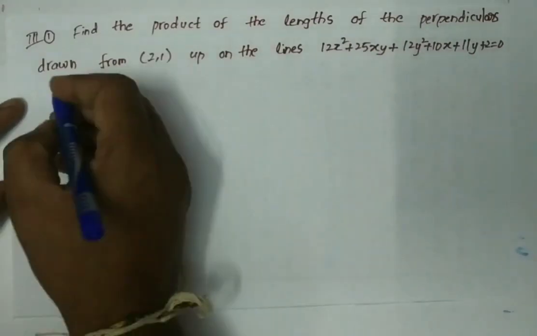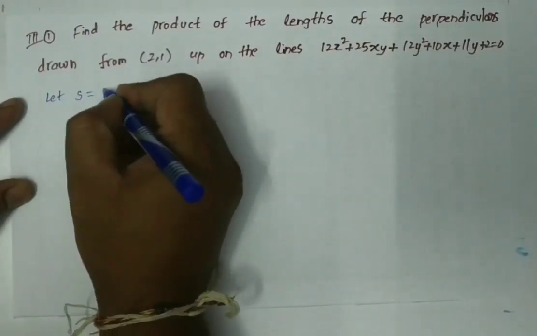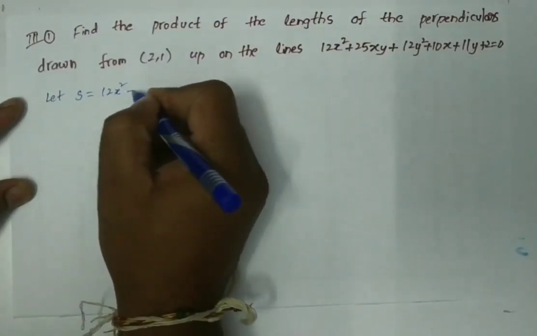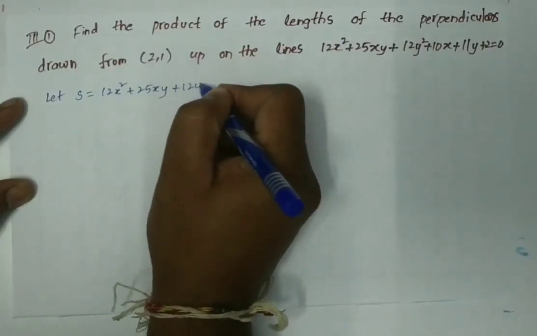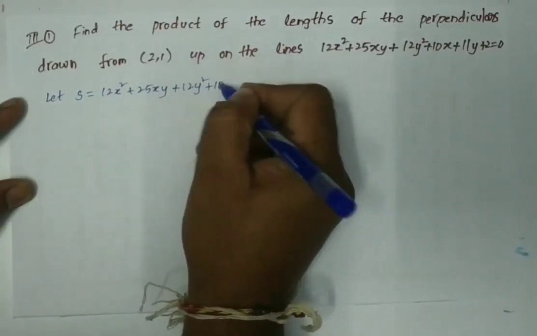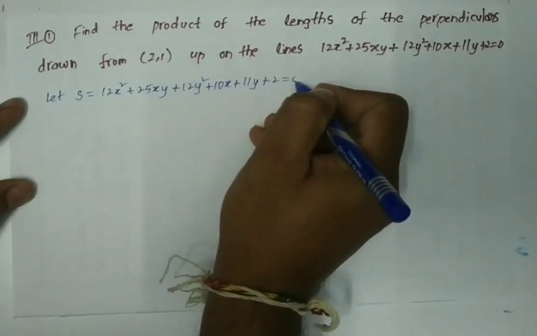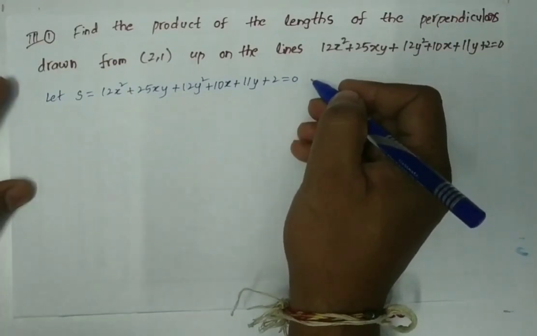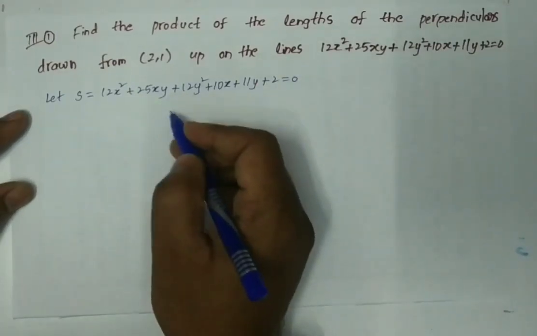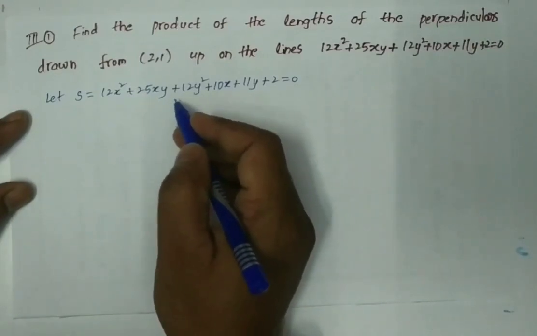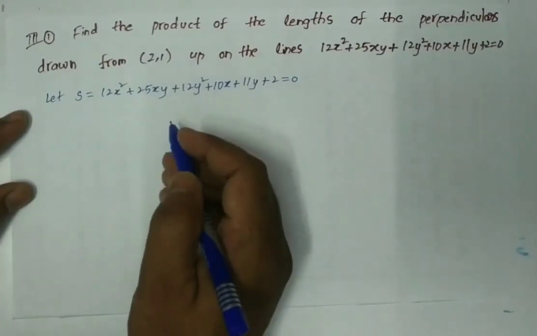Okay, so first let us consider S, which is equal to 12x square plus 25xy plus 12y square plus 10x plus 11y plus 2 is equal to 0, be a given equation. Okay, now first we have to find the equations which are represented by this equation.